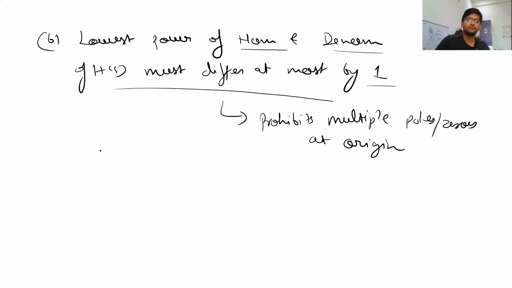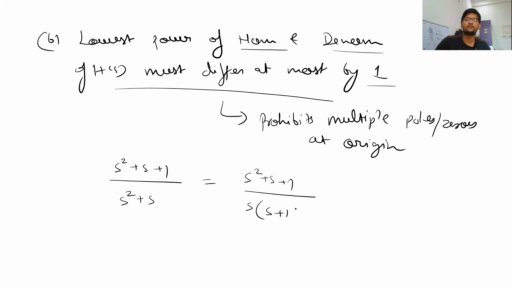So what does it mean? Suppose you have a polynomial s square plus s plus 1, and in the denominator you have s square plus s. You can write it as s square plus s plus 1 divided by s taken common, and then you will get s plus 1.